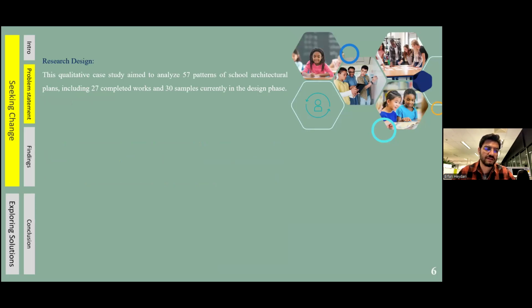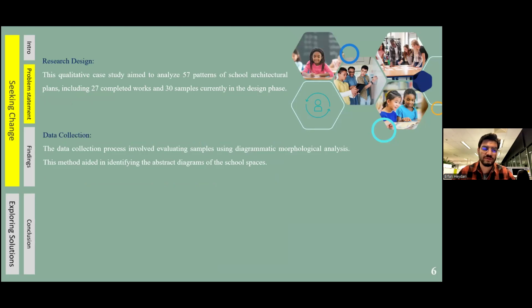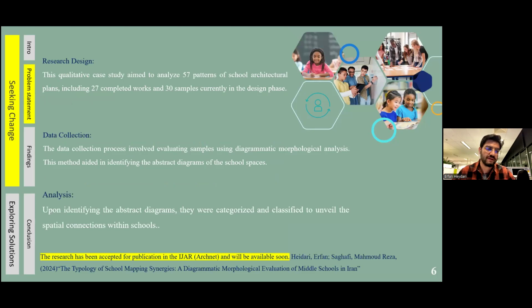The data collection process involved evaluating samples using a diagrammatic morphological method. During the analysis process, the abstract diagrams were identified, categorized, and classified to reveal the spatial connections within these schools. The result of this research has been accepted for publication in IJAR, the International Journal of Architectural Research.